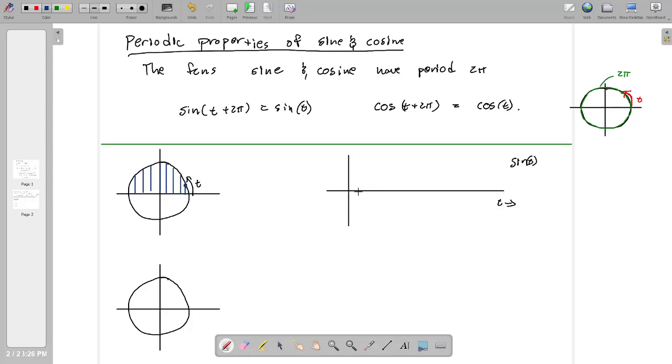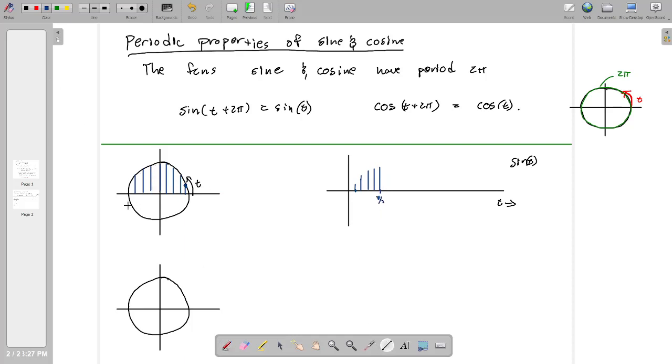So this distance, whatever it is about this distance here. Then I'm going to use this vertical distance to get my sine value. So it will be roughly that long. Second point will be roughly this long, a little longer. Third point, a little bit longer. Fourth, fifth. This would be right around 1. This would be at t equals pi over 2.